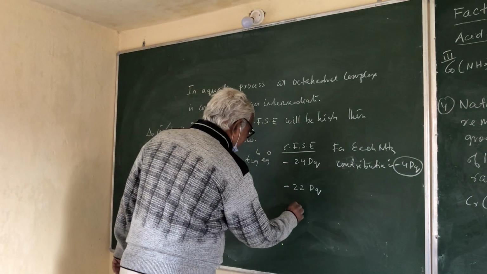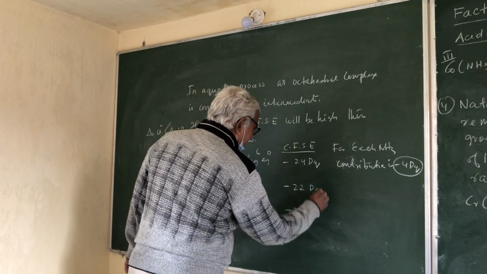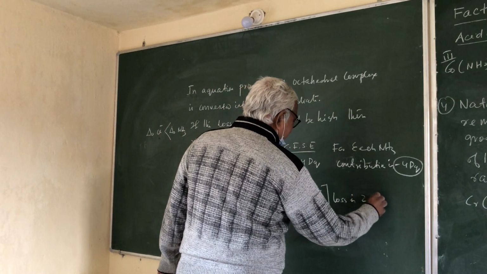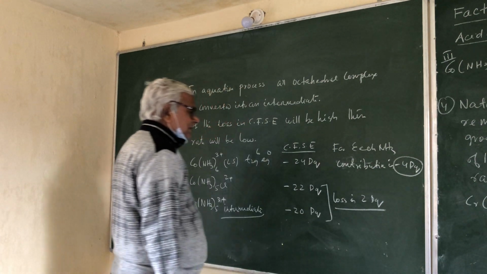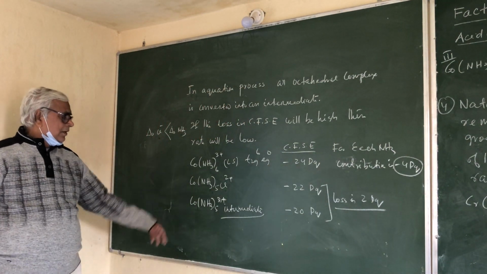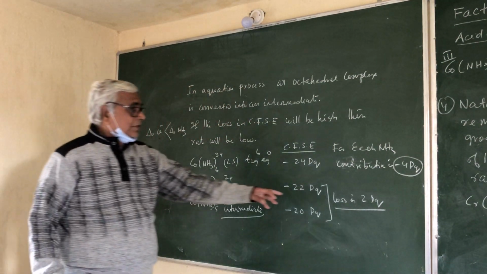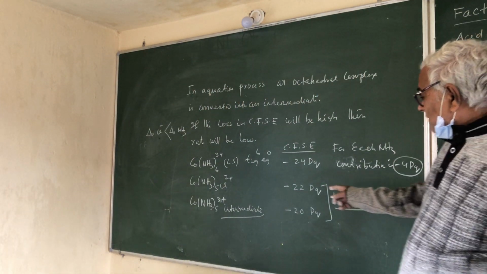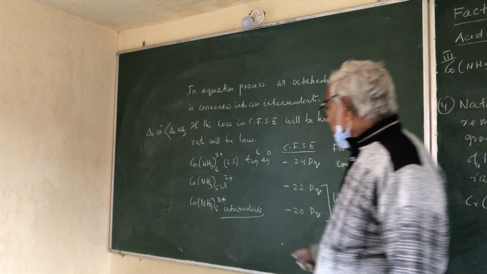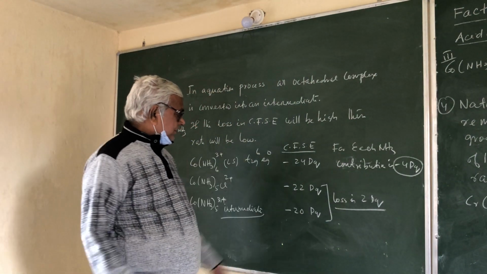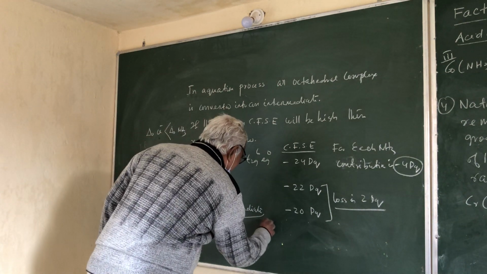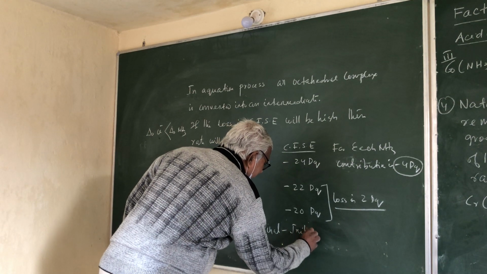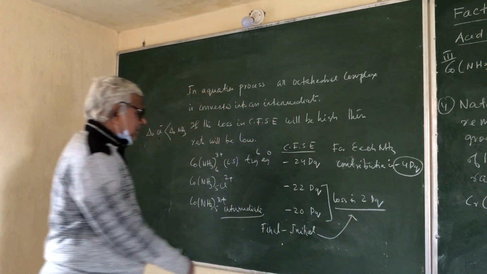Therefore, this will be minus 20 Dq. So the loss in the formation of the intermediate is 2 Dq. So for the initial complex, the crystal field stabilization is minus 22 Dq. In the intermediate, this is minus 20 Dq. So final minus initial, the loss will be 2 Dq.